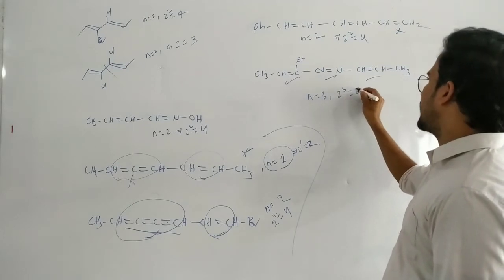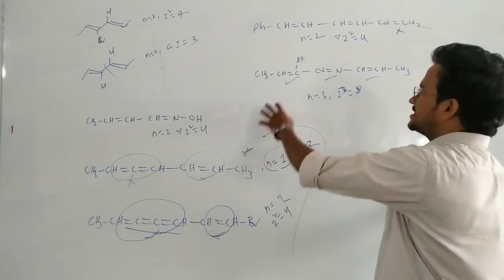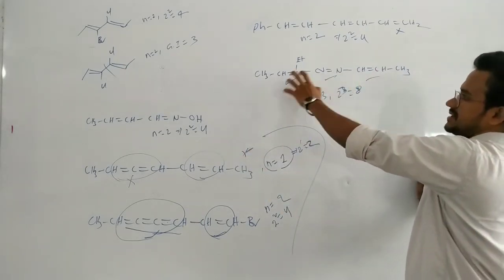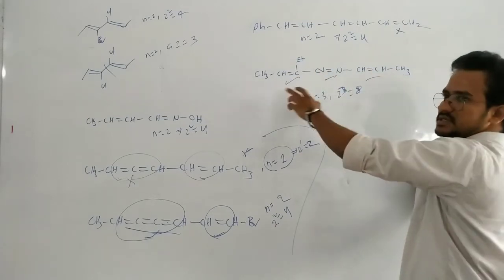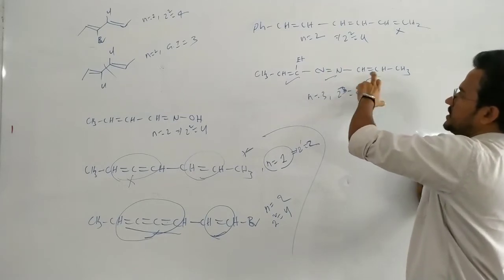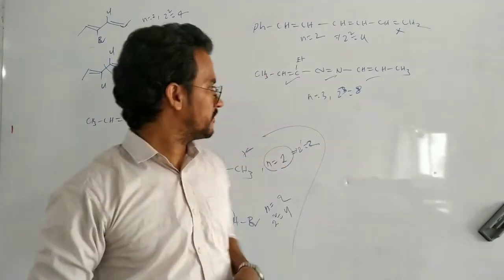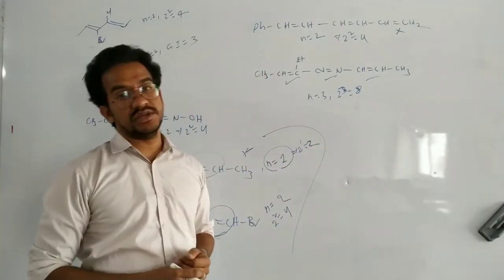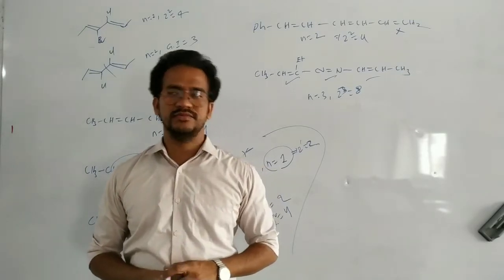So 2 power of 3, 8 isomers: cis, syn, cis; trans, anti, trans; cis, syn, trans; anti, cis, and like that. You will get the 8 isomers. This is the calculation of geometrical isomers in acyclic alkenes.